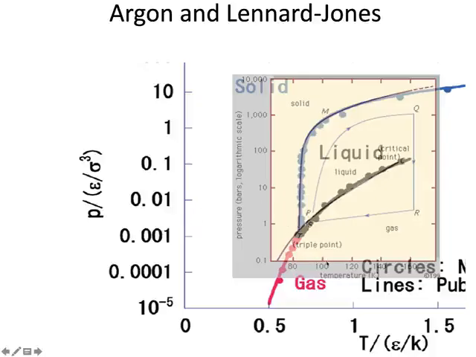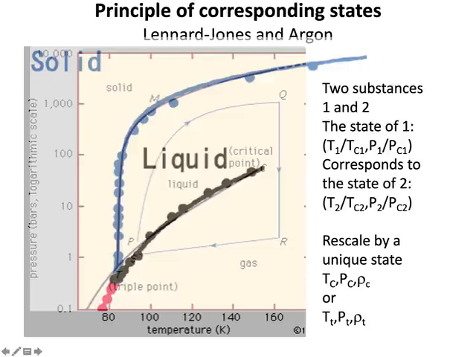So by comparing the temperature scales there and there, when we've mapped them onto each other like this, we can then rescale it and get the parameters in Lennard-Jones for this gas, for argon in this case.